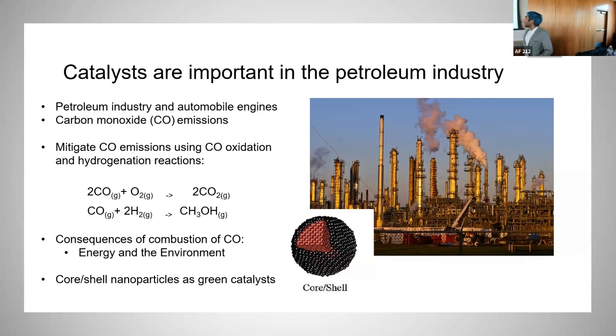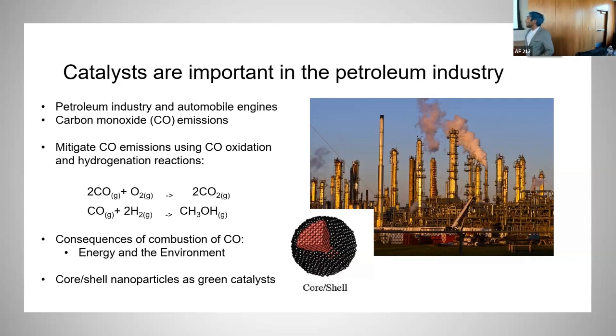However, a lot of the processes that petroleum industries and automobile engines use utilize catalysts. However, these catalysts still are not energetically efficient methods for producing the petroleum products we need. And my project focuses mainly on core shell nanoparticles, which have a bimetallic structure.